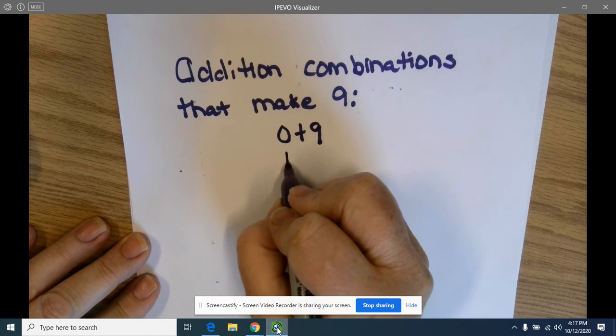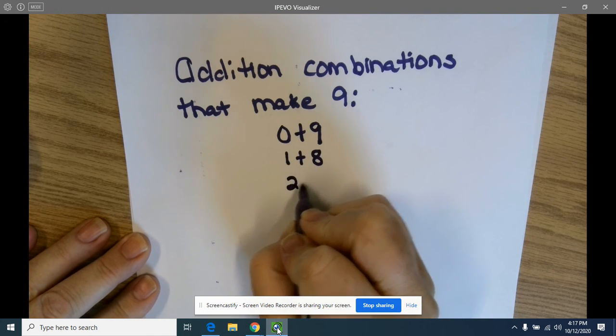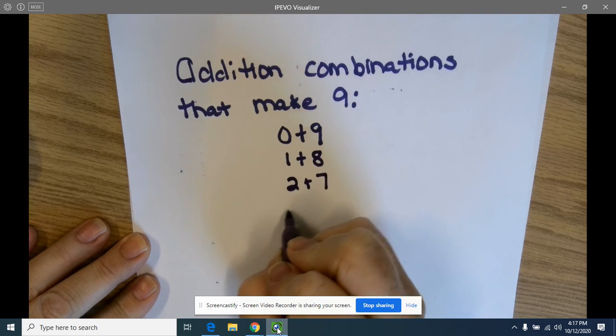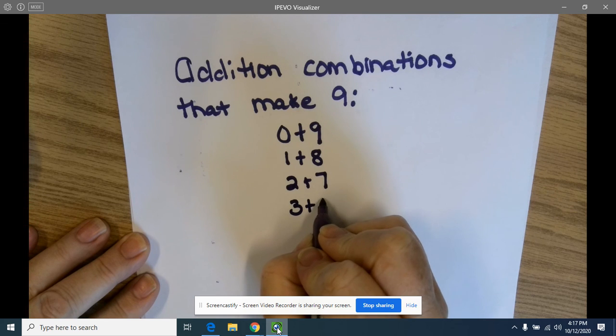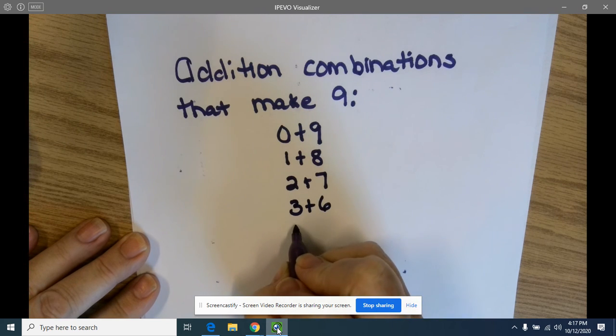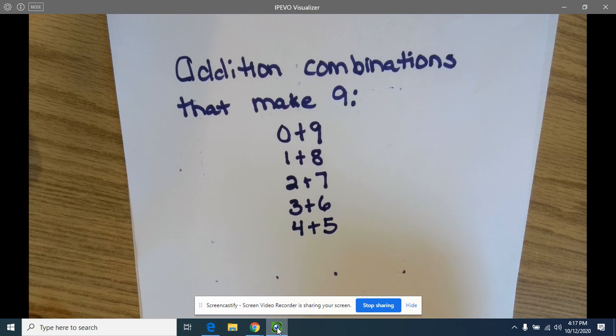Did anyone come up with 1 plus 8? 2 plus 7? 3 plus 6? 4 plus 5? I see a comfortable 2 there. I see a comfortable 5 here.